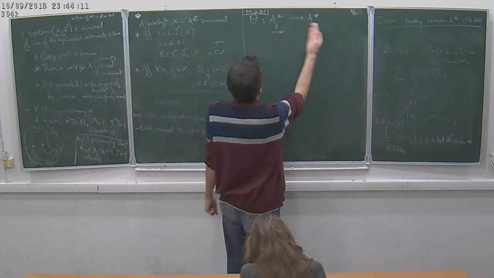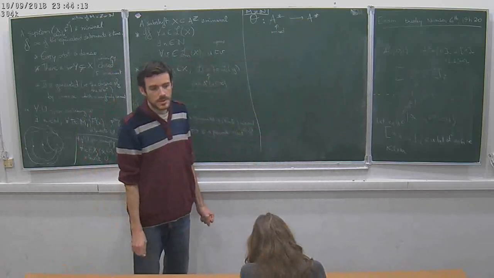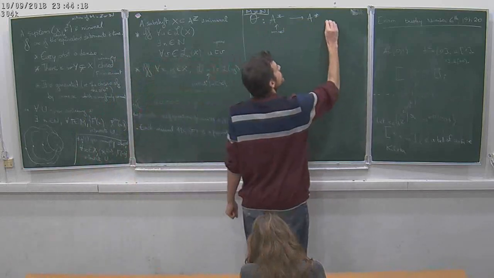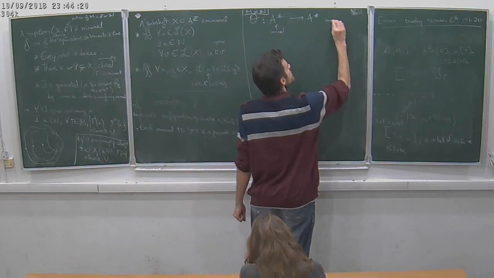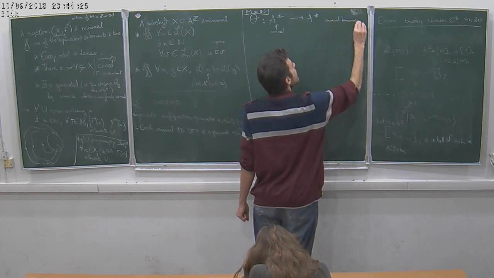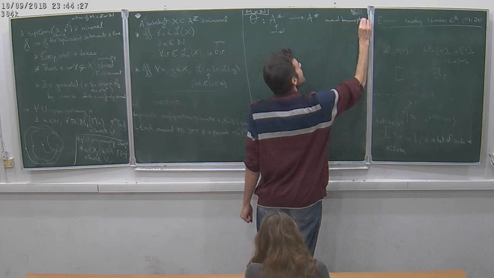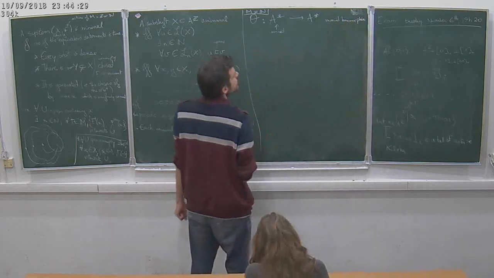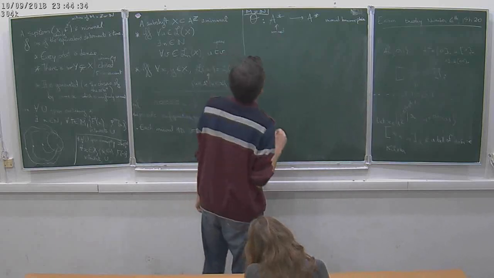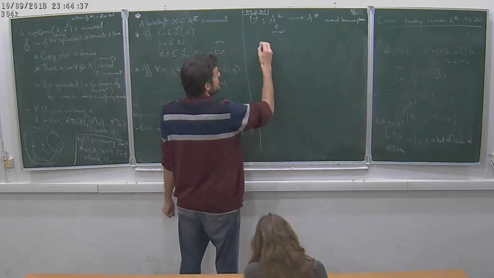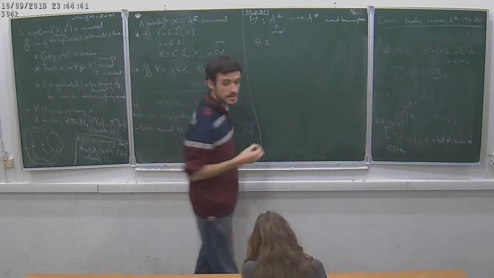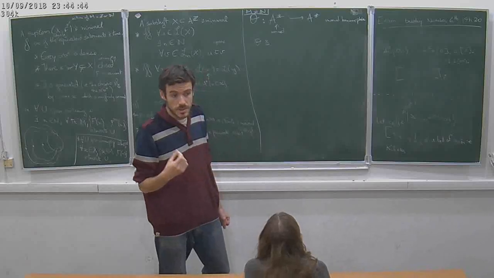And so what can I expect from a map theta? I can ask it to be a monoid homomorphism. So, in particular, theta is completely determined by its image over letters.